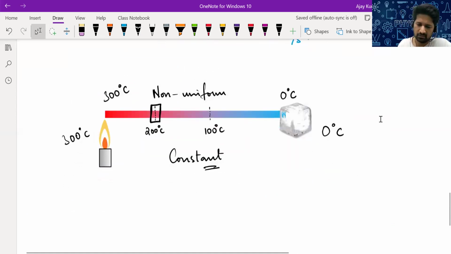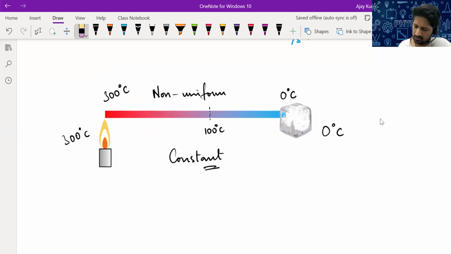Consider this same situation. You know the heat current is 7.5 joules per second. One end temperature is 300, the other end temperature is 0 degrees. Somewhere in between, the temperature of a layer will be 200 degrees. Find out where that temperature will be observed, meaning you have to find this distance where the temperature will be 200 degrees C. Let me give you those values once again.